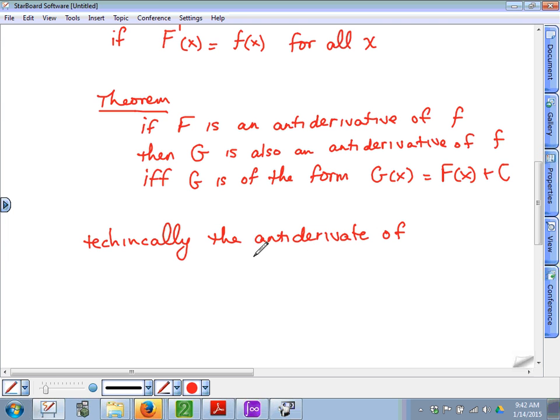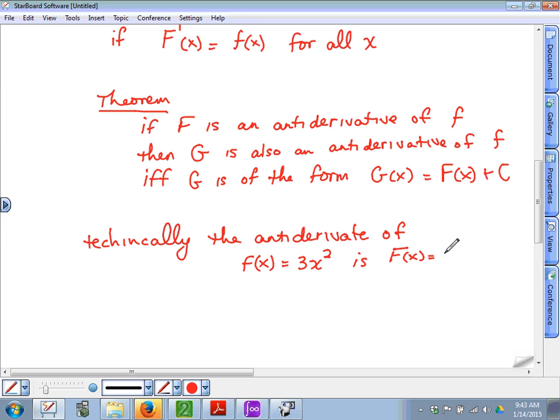Technically, the antiderivative of f of x equals 3x squared is capital F of x, it's x cubed plus what?